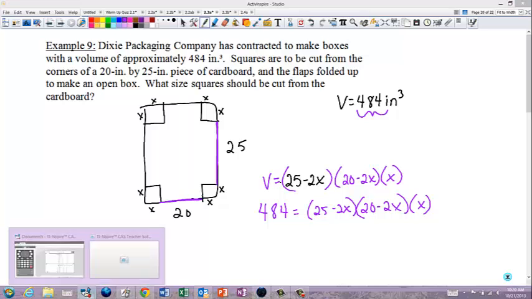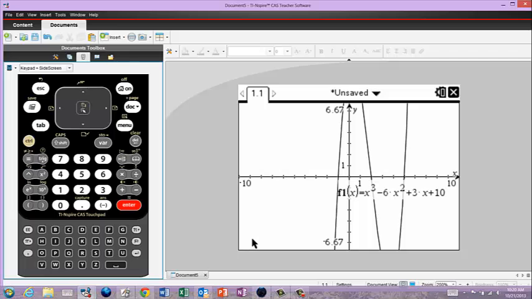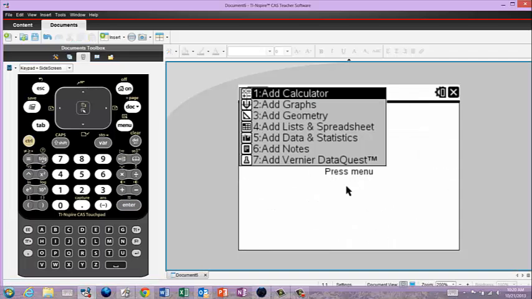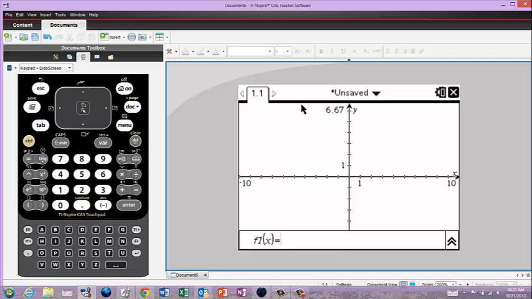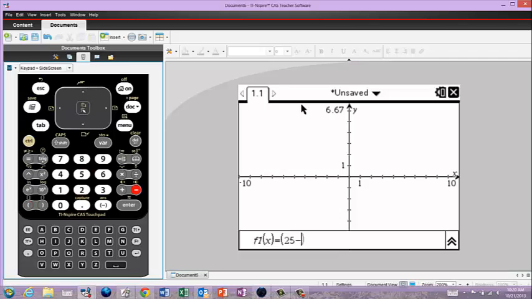Let's see. New, nope, I don't want to save, graph. Let's see, what was it, 25 minus 2x times, whoops, not minus, times.